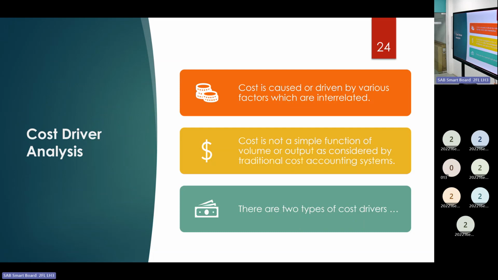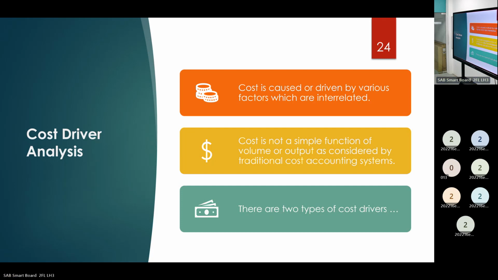Traditionally we have fixed cost and variable cost: fixed cost remains constant over output, variable cost changes. But in cost driver analysis used in strategic cost management, we divide these cost drivers into two categories: structural cost drivers and organizational cost drivers.